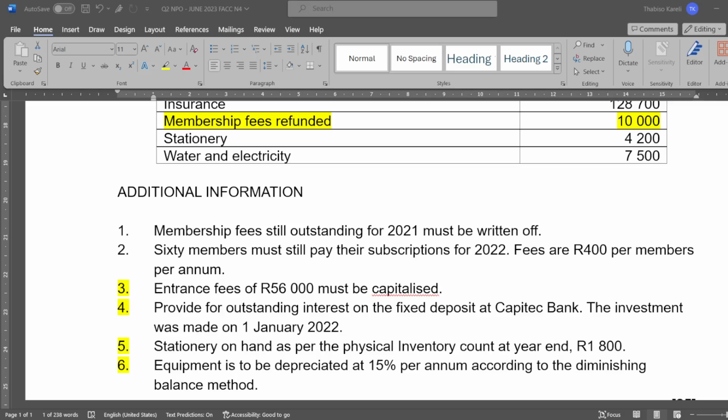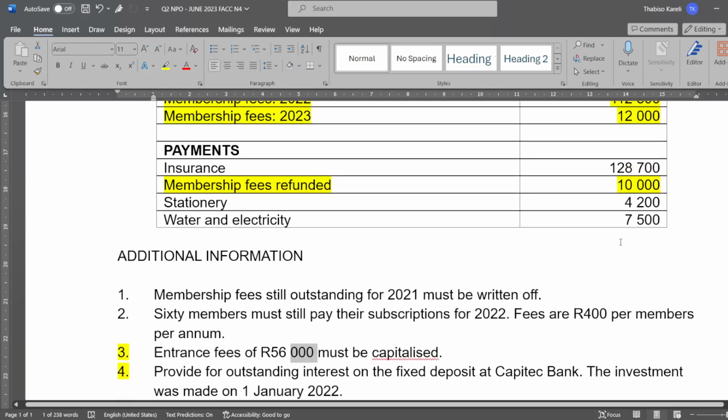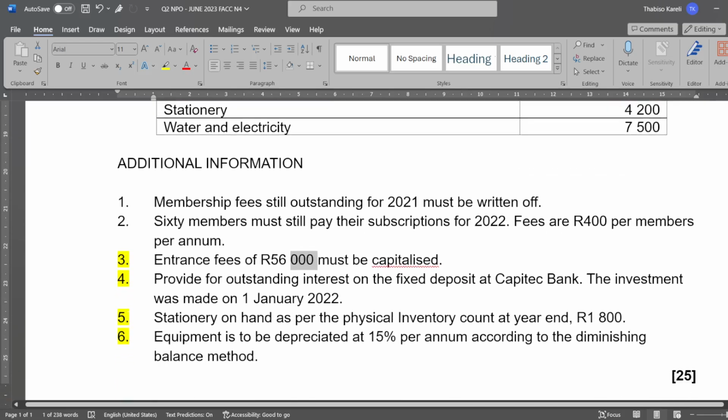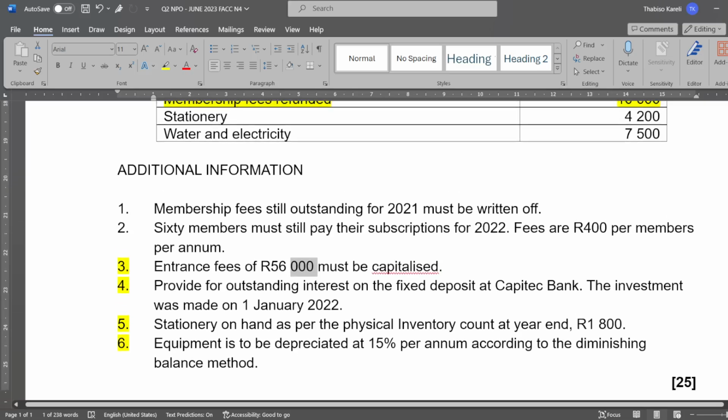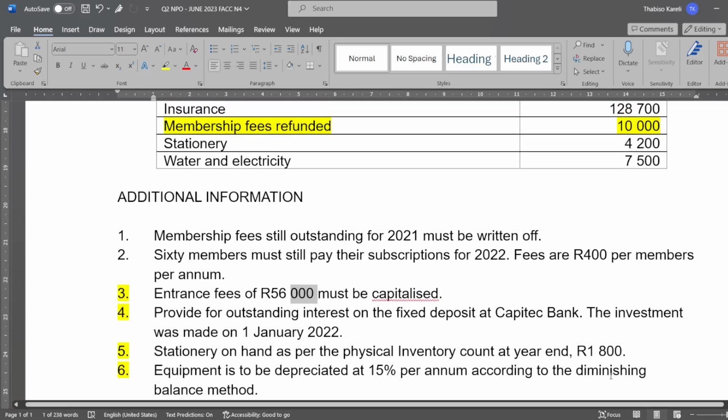Number 5, stationery on hand as per physical inventory count at the end of the year is 1,800. Therefore, we must take the opening balance for stationery, 4,200, and then subtract the stationery on hand, which is 1,800.